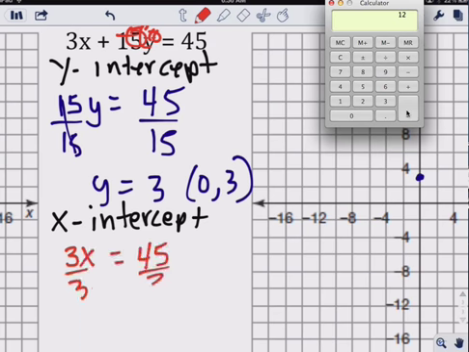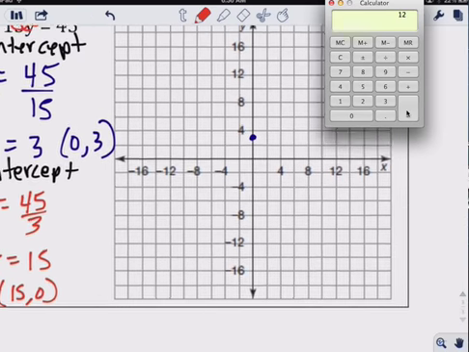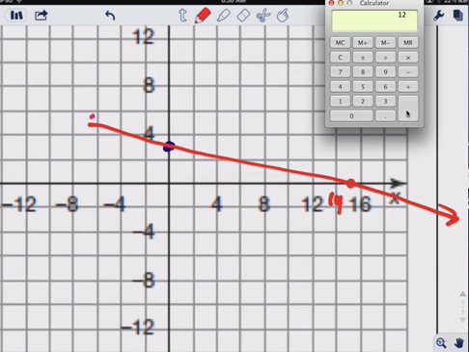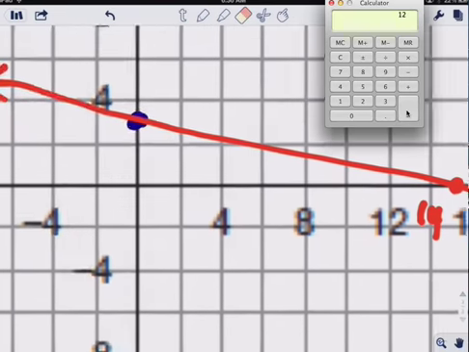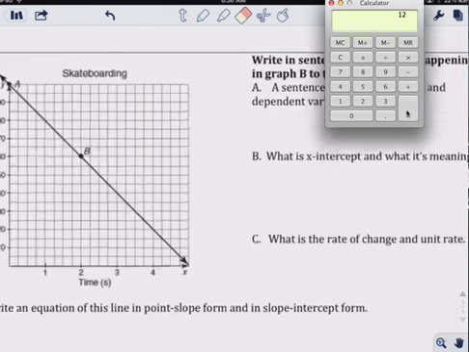Divide by 3. My answer is 15. (15, 0). Well, it's 14. X-intercept would be right there. Draw your lines continuously. Okay, remember what x and y-intercept is. It was when it crosses the x-axis. The y-intercept is when it crosses the y. Oh well, you guys know. Hopefully. Okay.